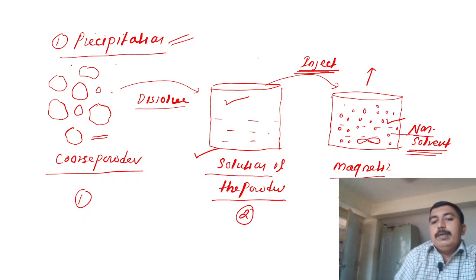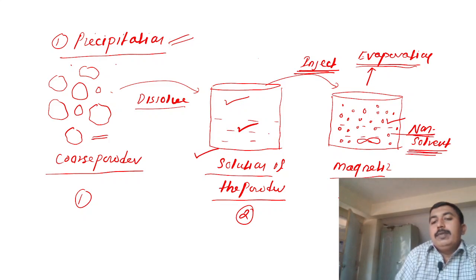How? Simply by evaporation of the volatile solvent, that is solvent number 2 here, the solvent which I had used in the second step. So the solvent will evaporate, and the powder drug is insoluble in the second liquid because I have selected a non-solvent.